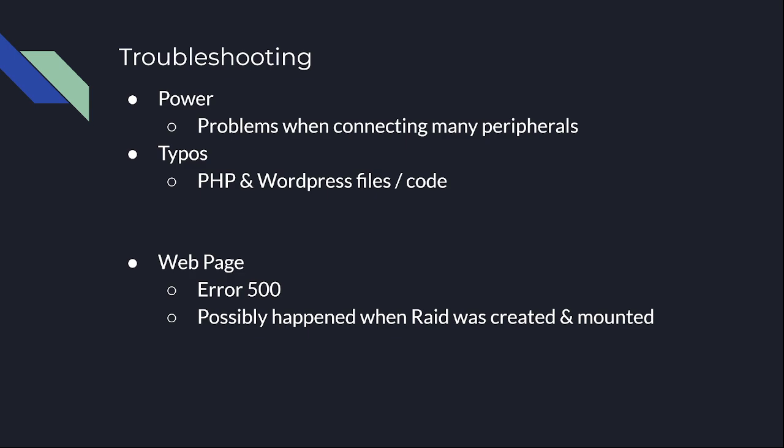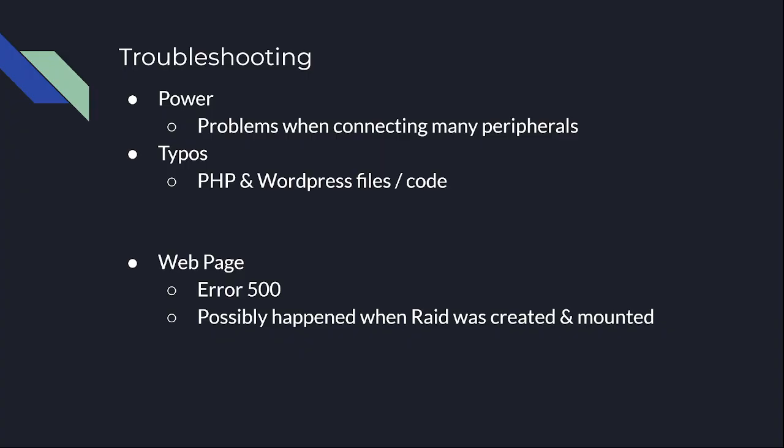After coming back after doing the RAID storage, when I wanted to test the web page, I had some problems actually accessing it, where it was giving me an error 500 and it wasn't showing up when I did localhost. I'm not really sure what caused this.